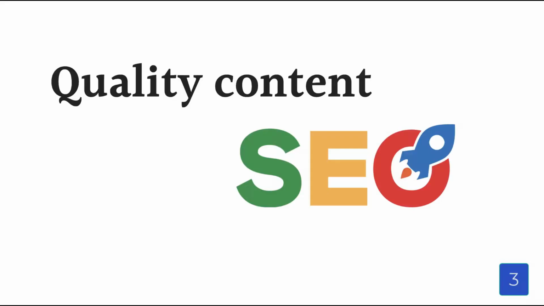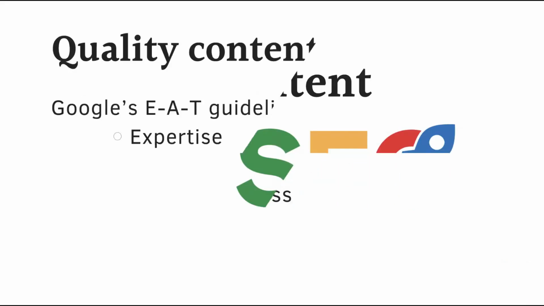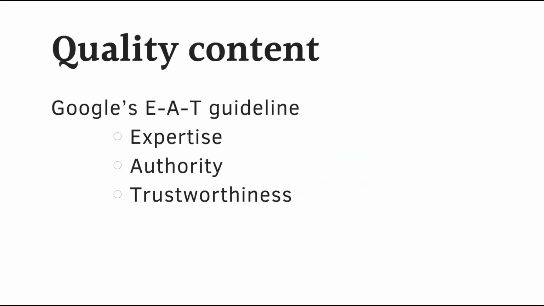The third tip is to make sure you have quality content on your website. Google has published an EAT guideline, which basically says that search engines look at expertise, authority, and trustworthiness. So let's first talk about expertise. Write about content you are knowledgeable and passionate about. What about authority?